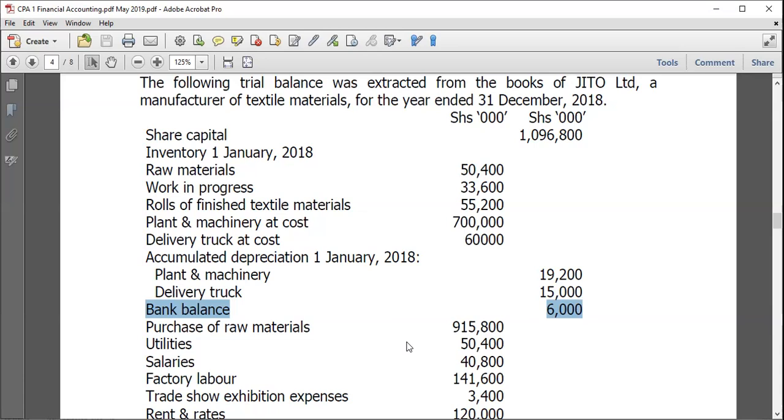But if we are seeing it on the credit side here as 6,000, that alone should help us know how to treat it. So this is a bank overdraft, okay? And you know that bank overdrafts are not recorded under assets, but rather under liabilities, okay? So that is very, very important.